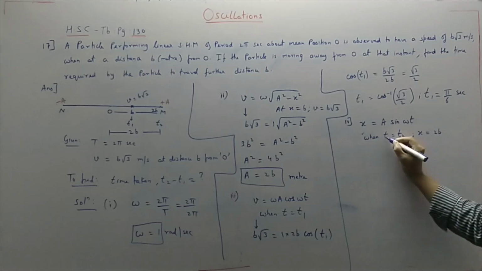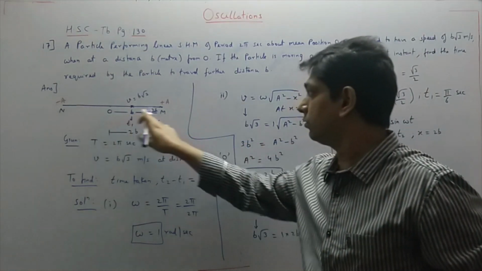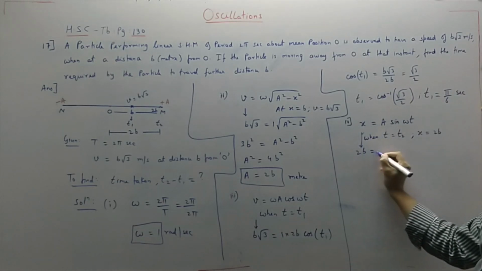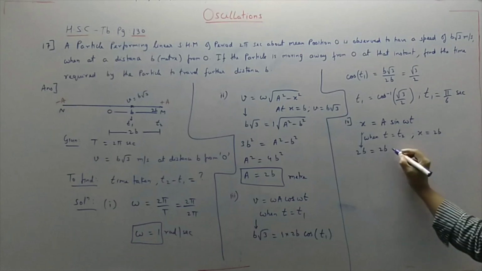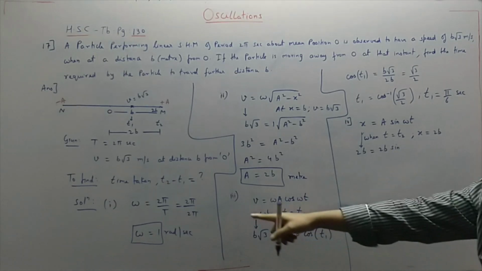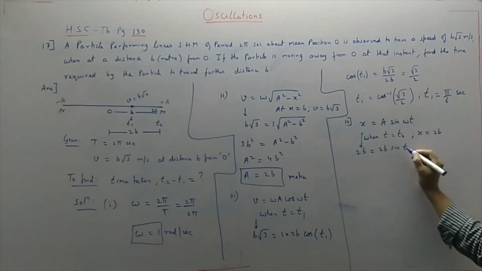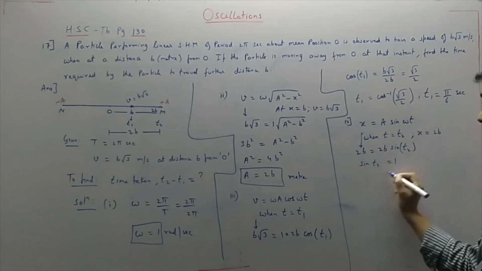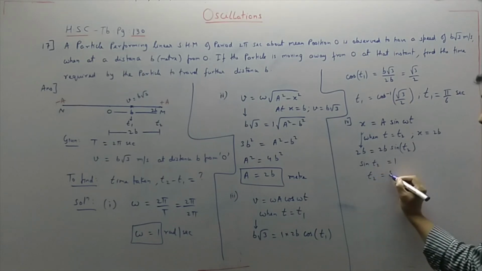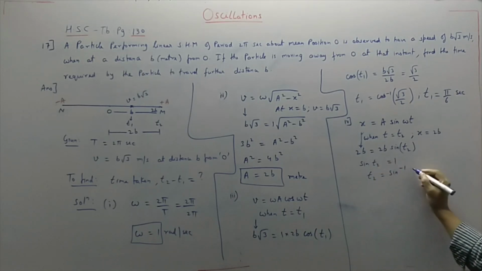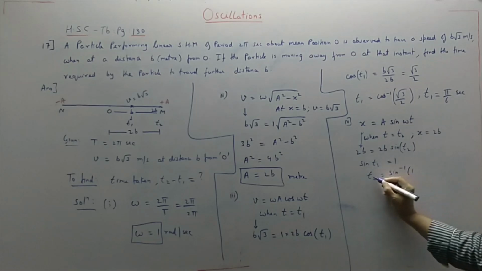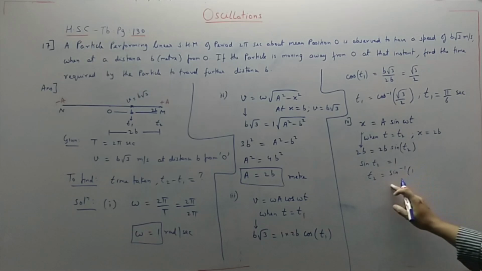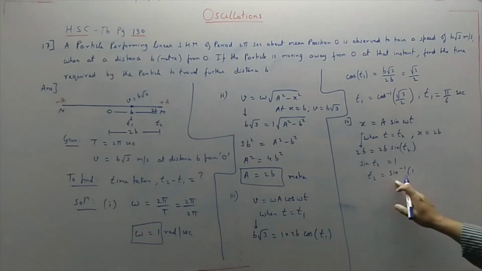We are finding the time taken to move from here to here. So x is 2b, and the amplitude is also 2b. Then sine of omega t, where omega is 1 and t is t2, so sine of t2 equals 2b upon 2b, which is 1.